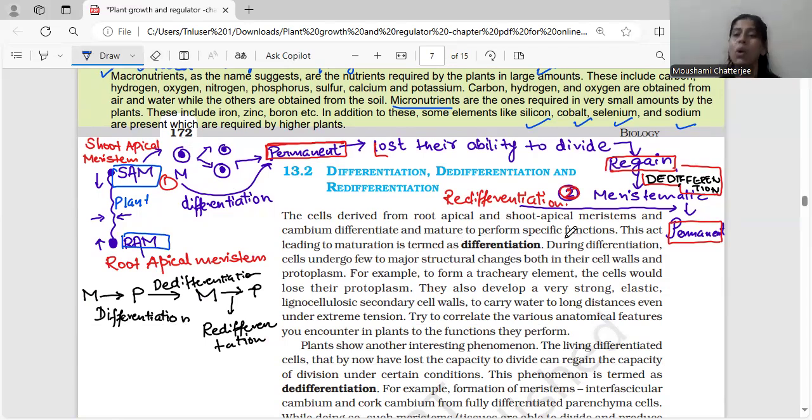We know how these cells are going to divide further and undergo differentiation to form a specific structure, which is going to perform a specific function. So this act leads to maturation, that is known as differentiation. Very, very important. What is differentiation? And all these terms can be understood with this short diagram.